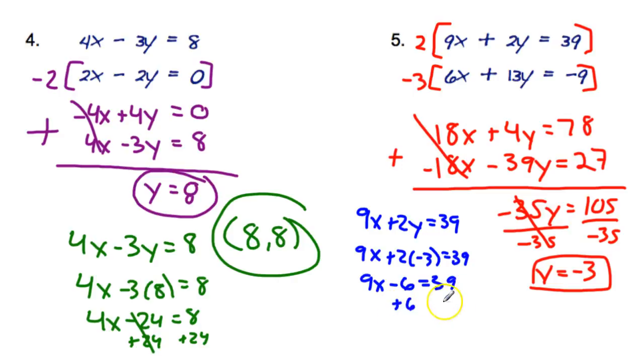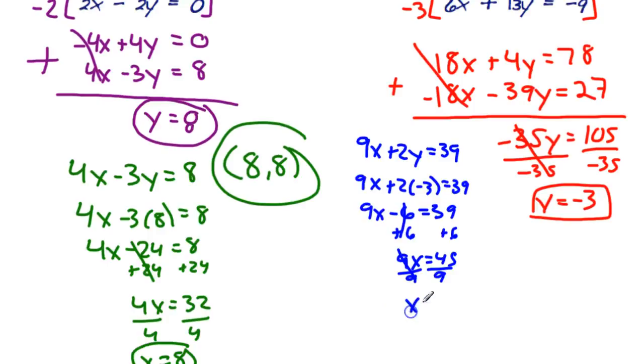Then I'll do plus 6, plus 6. That cancels. 9x equals 45. And I divide by 9, divide by 9. Cancels. X equals 45 divided by 9 is 5. Bam, boom, boom, pow. So this answer is going to be x is 5 and y is negative 3.